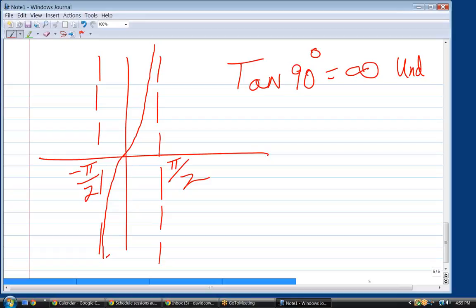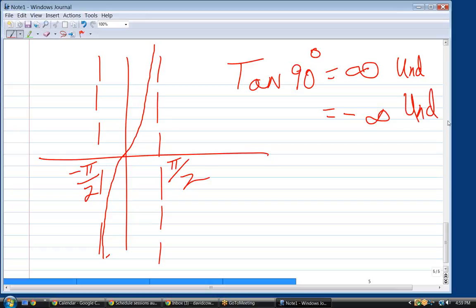Okay. Notice why infinity is slightly better. Because what's the tangent of minus pi over 2? Negative infinity? Yeah. And yet your teacher would say they're both undefined, but there clearly is a difference. One is going to positive infinity and the other is going to minus infinity.